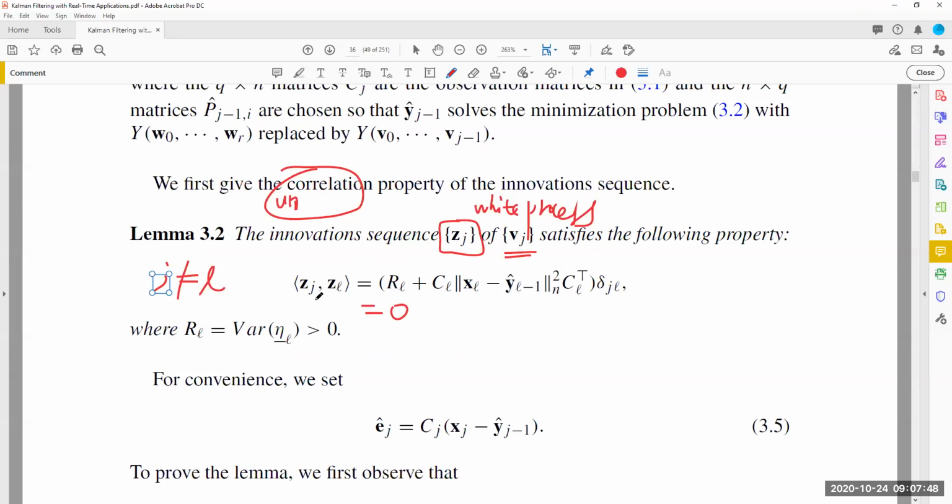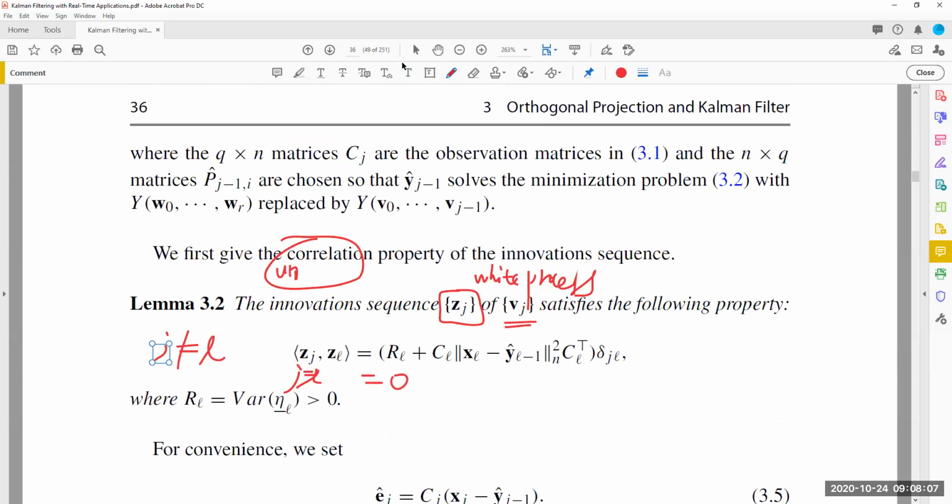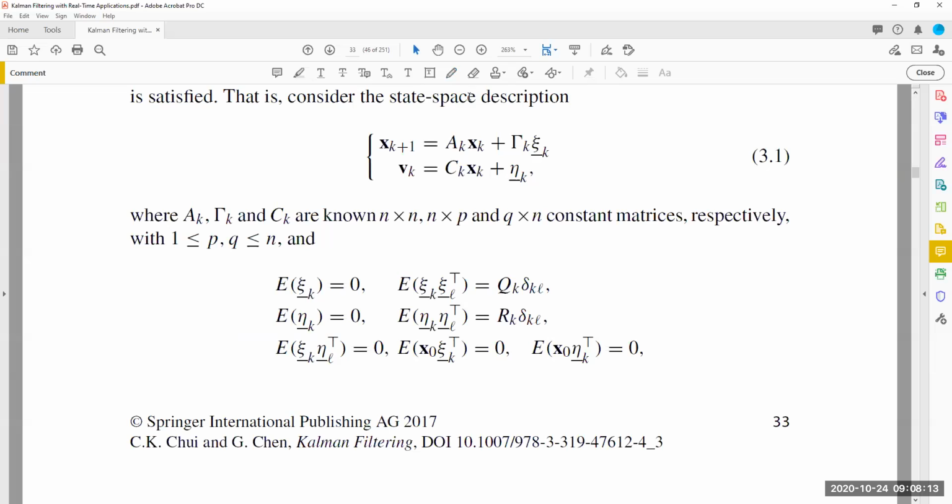When j is the same as l, then we can calculate the covariance matrix. The variance, when they are the same, is the variance of Zl. It's based on this state space description. So the R is the variance of Ek, and Ck is the observation matrix.